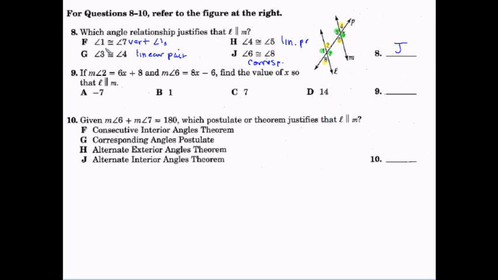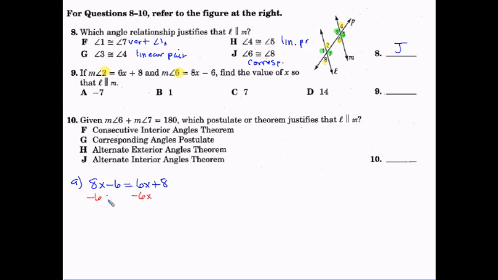Next, we want angle 2 and angle 6. They are both yellow. So they're alternate interior angles. So in order for them to make the lines parallel, these two things have to be equal. So we need to set them equal to each other. 8x minus 6 is equal to 6x plus 8, and solve them from there.